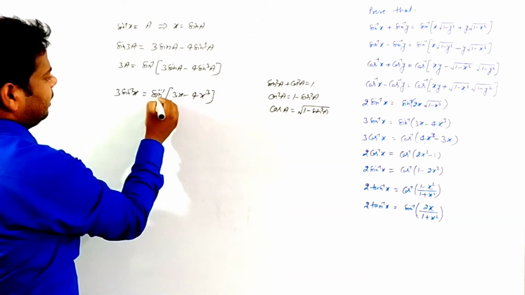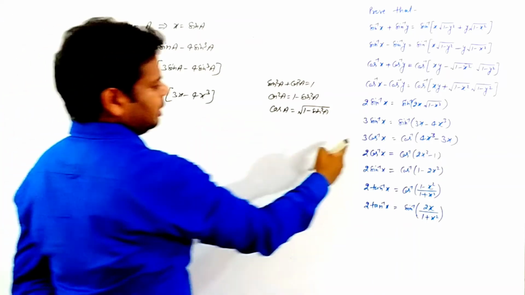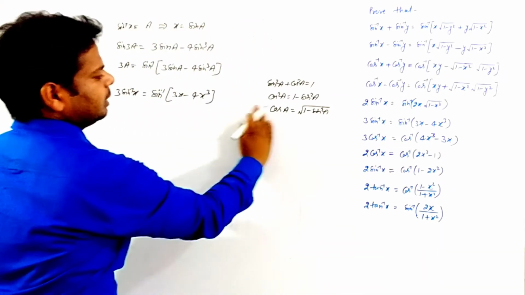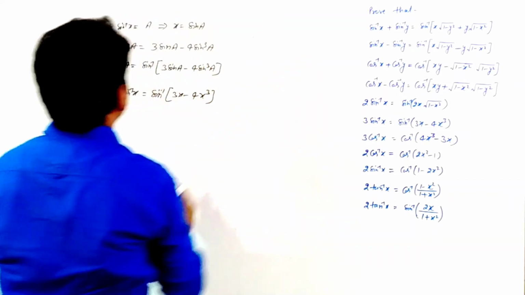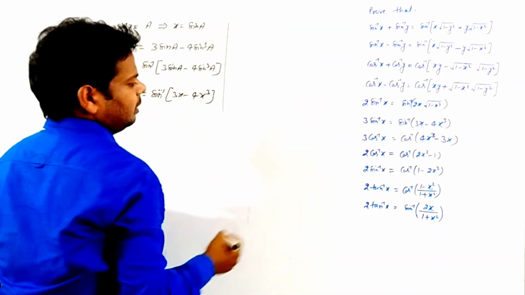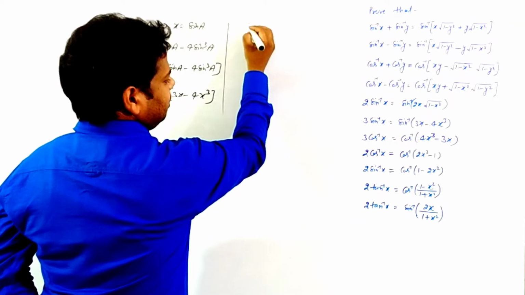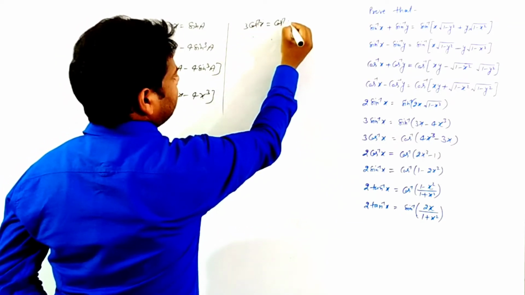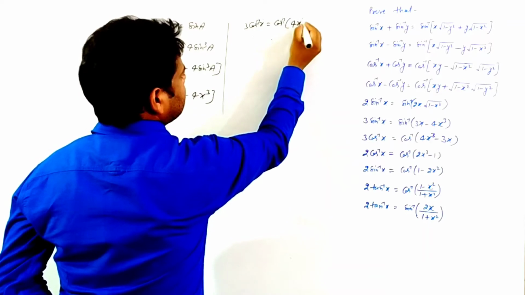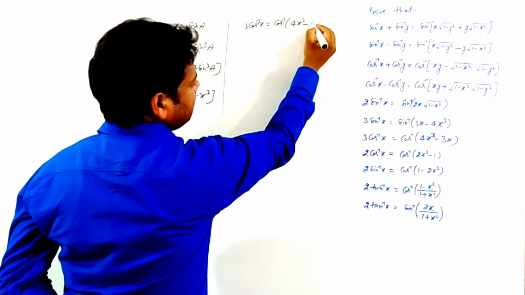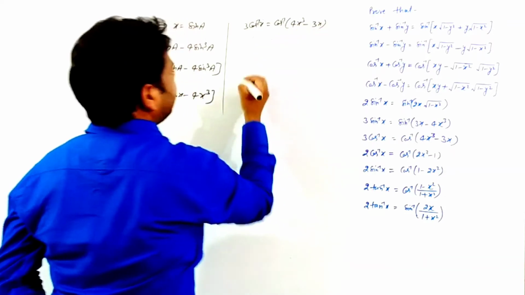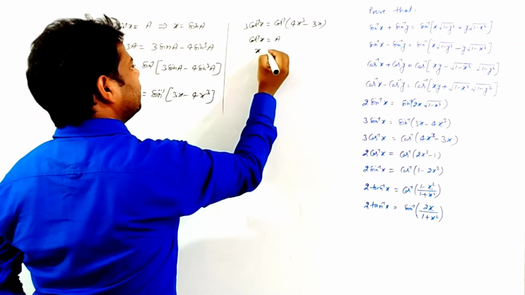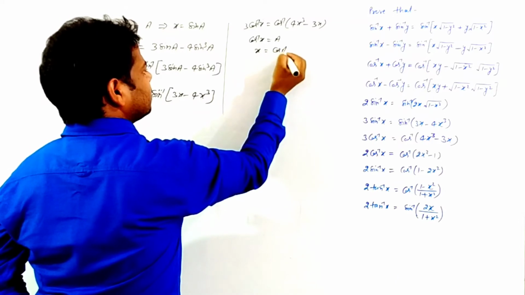Fine. And next formula, 3 cos inverse x is equal to cos inverse (4x cube minus 3x). Let us suppose that cos inverse x is equal to a and x is equal to cos a.